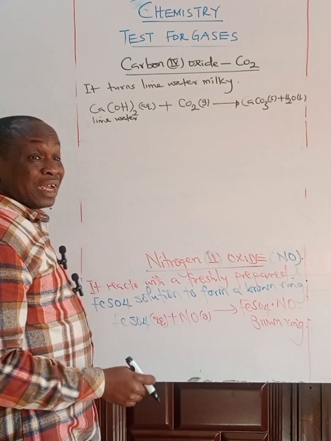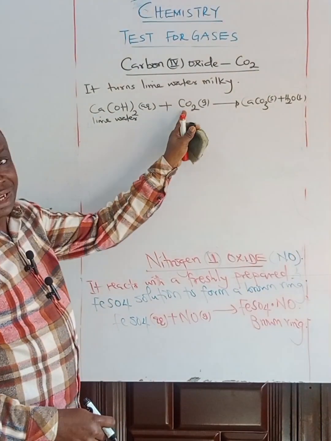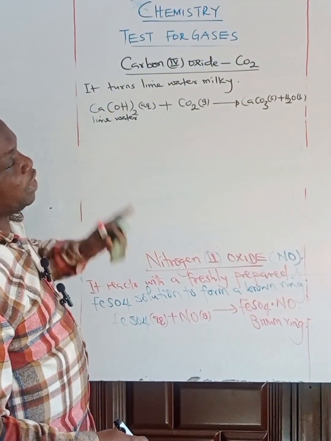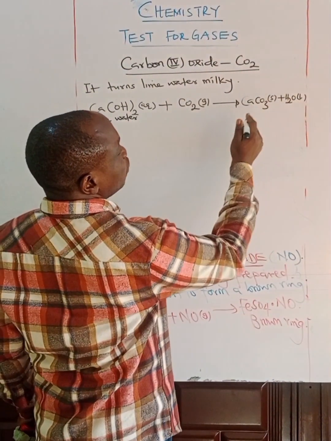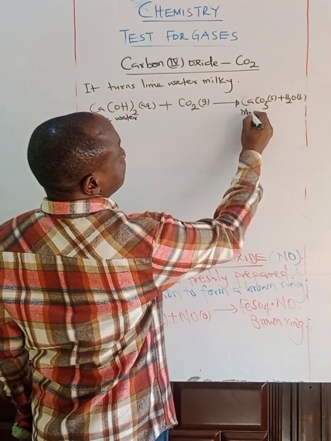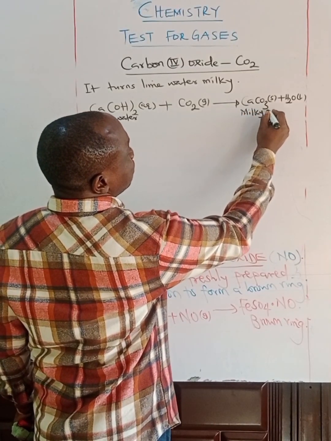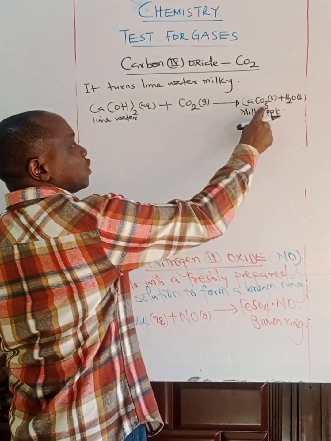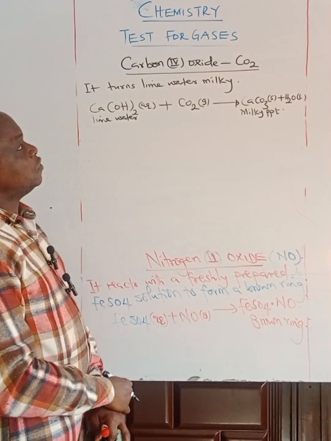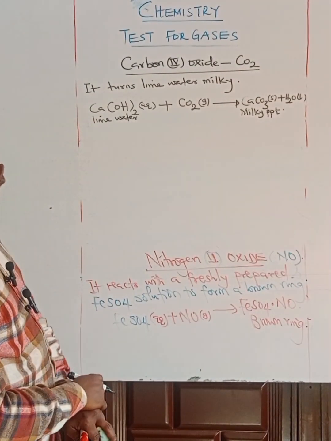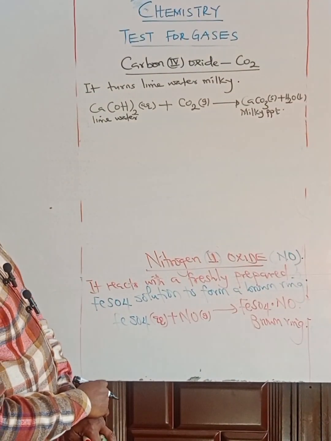This is known as a neutralization reaction because this is an acid anhydride, while this is a base. So this is salt and water. This is the milky precipitate, calcium carbonate, CaCO3. This is a chemical test for carbon(IV) oxide.